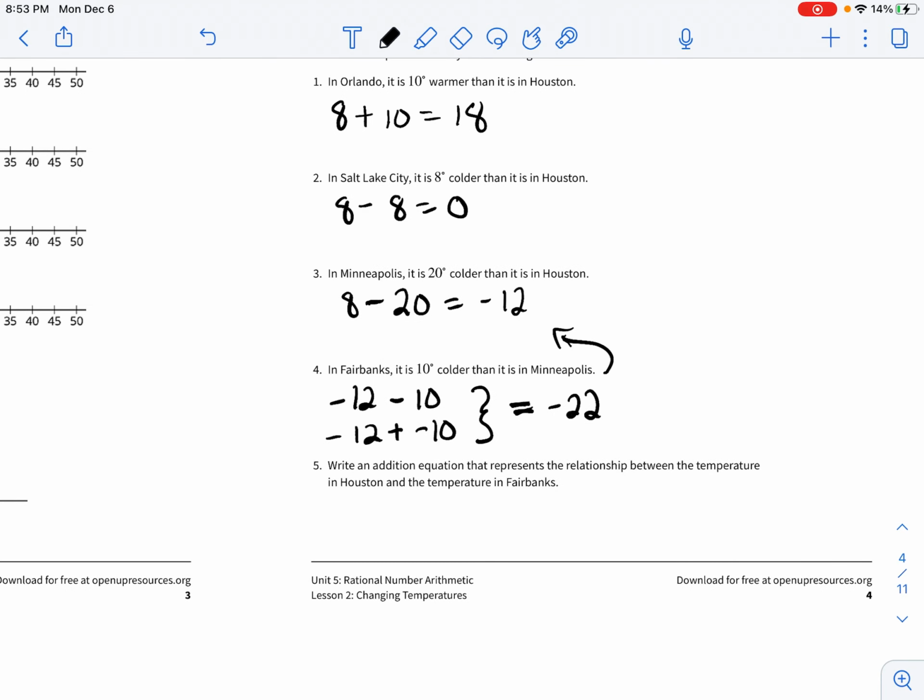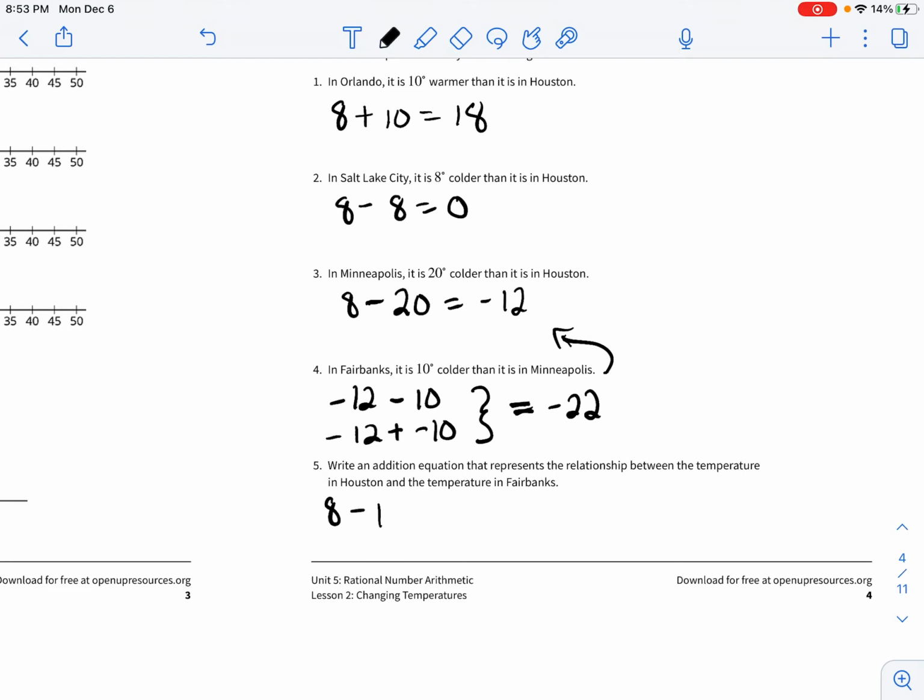Okay, here it says write an additional equation that represents the relationship between the temperature in Houston and the temperature in Fairbanks. So we can just say that is 8 plus, no, well, I guess we could have done a plus and negative.